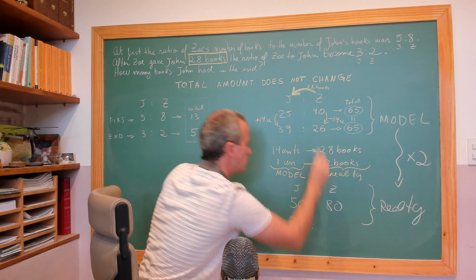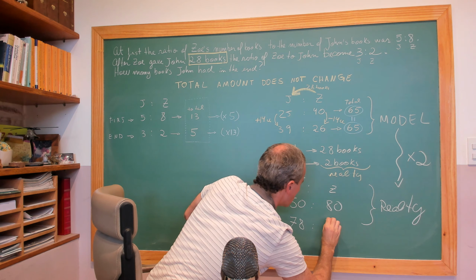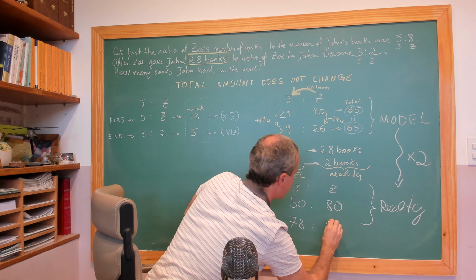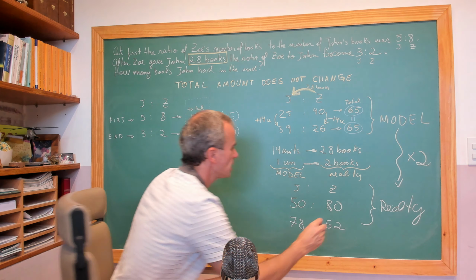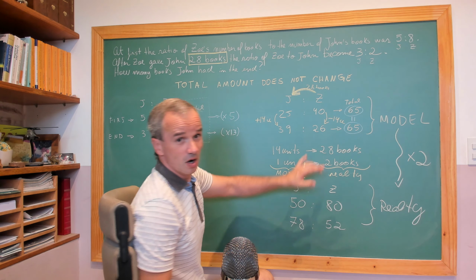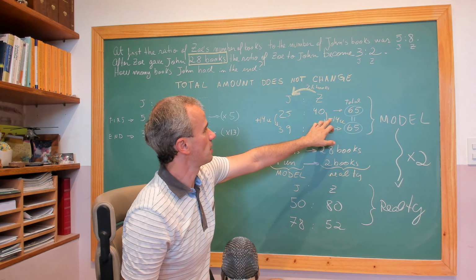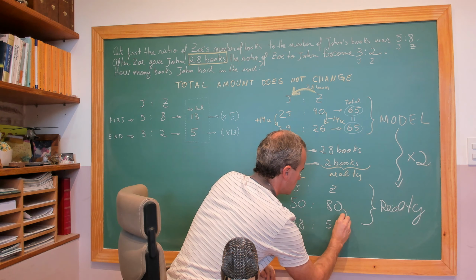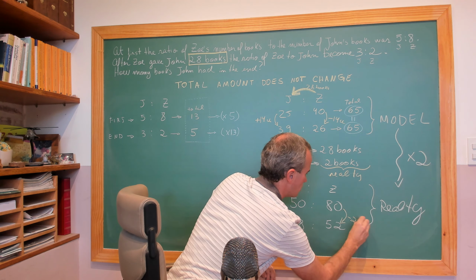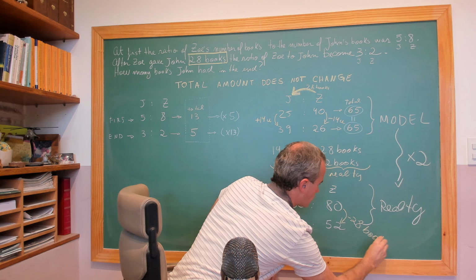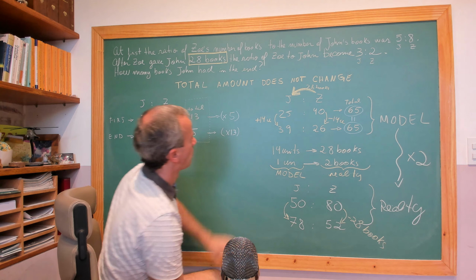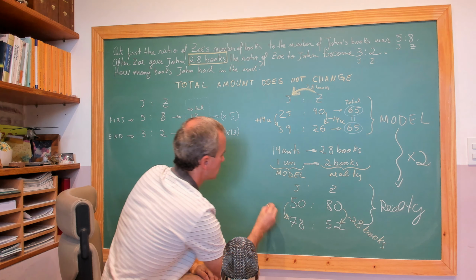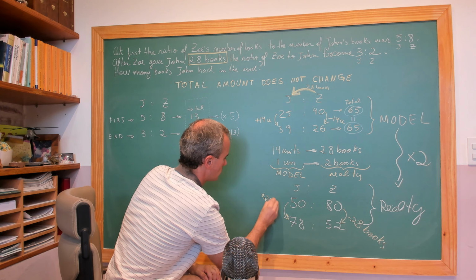While I have 26 in our model, we have 52. In reality, can you see now that our model has a minus 14? In reality, it is a minus 28 books. Now, for John, in our model it was plus 14 units. In reality, it is plus 28 books.